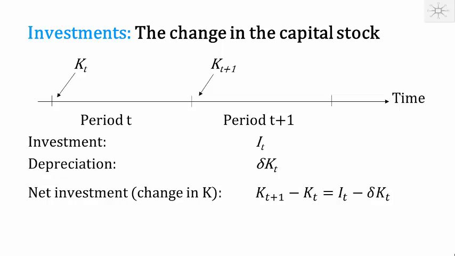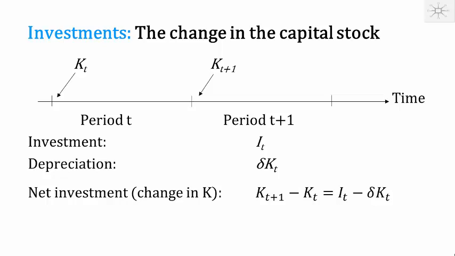And a reasonable number for delta is maybe 7% or so. That's 7% of the capital stock depreciates each year. So we can rewrite the equation we had on the previous slide to say that net investment, that is the change in the capital stock, is investment minus depreciation.